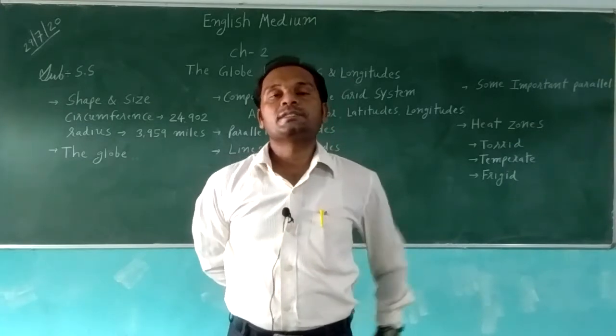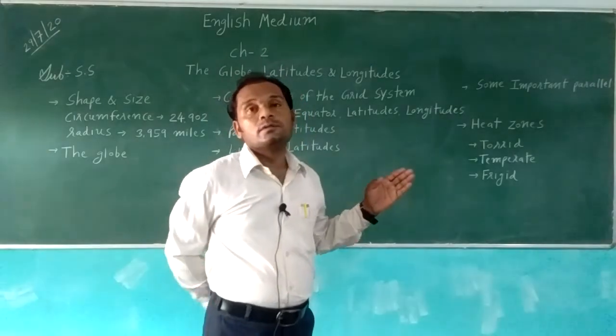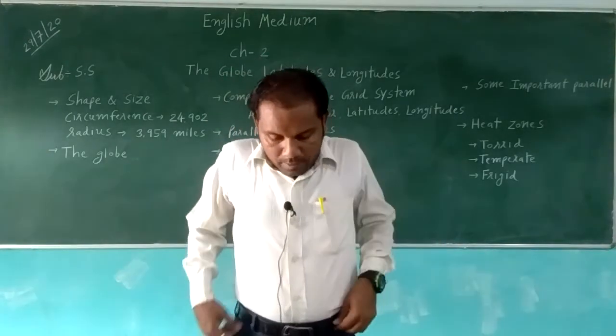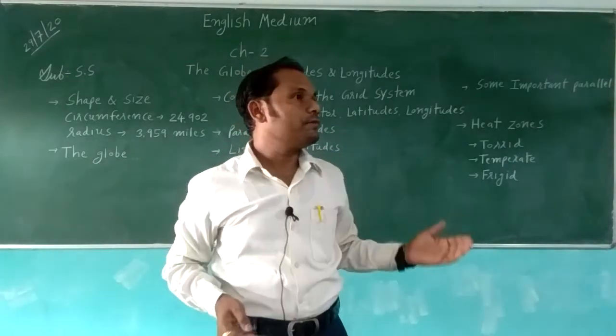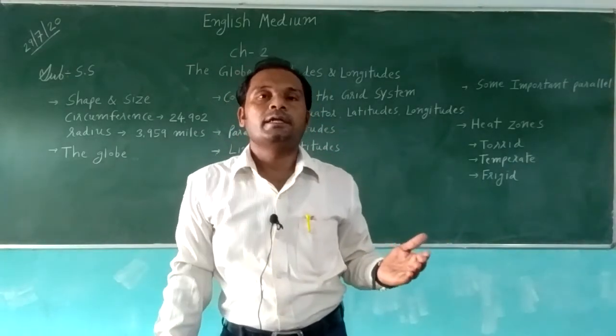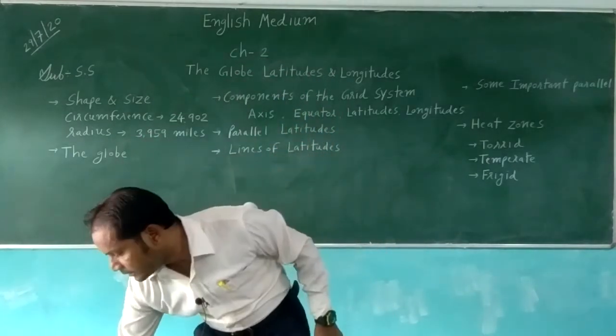So the places on the earth do not get the same amount of sunlight at a time. We can see the polar regions here on this globe.